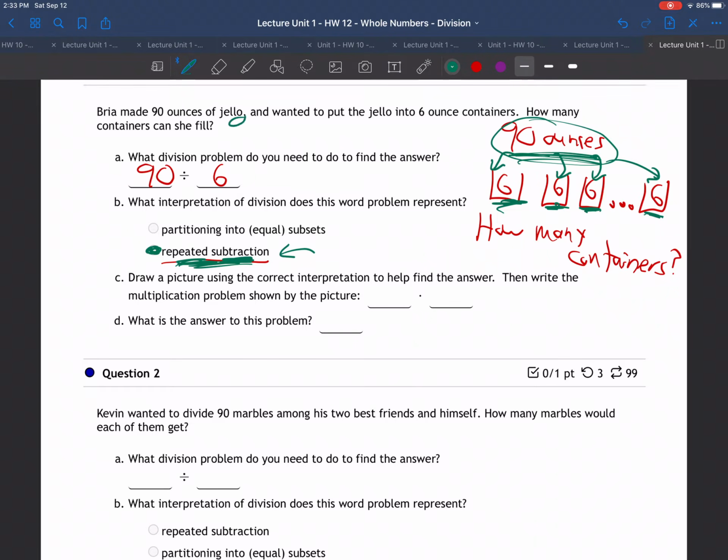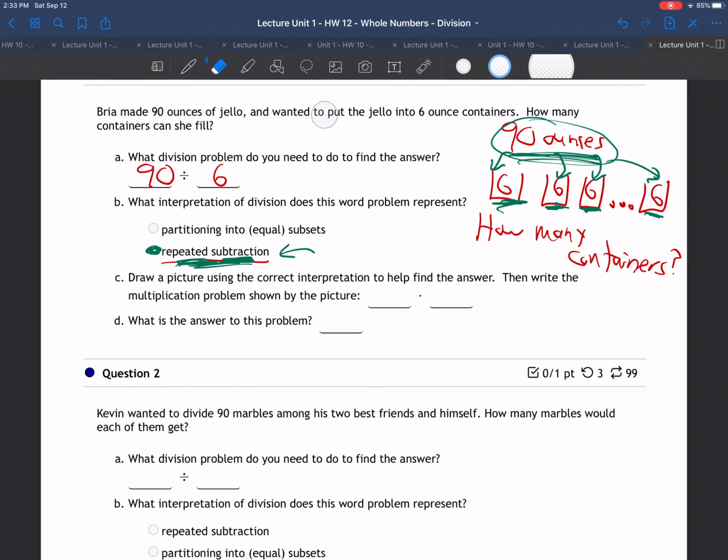Yeah, but if they had said you have 90 ounces and you want to make 10 glasses of Jell-O, now that's mainly telling you how many sets, right? That's the number of sets. That would be breaking into sets, mainly. If they give you the number of sets right away, then that's mainly thinking about breaking into sets. But that's not what they did.